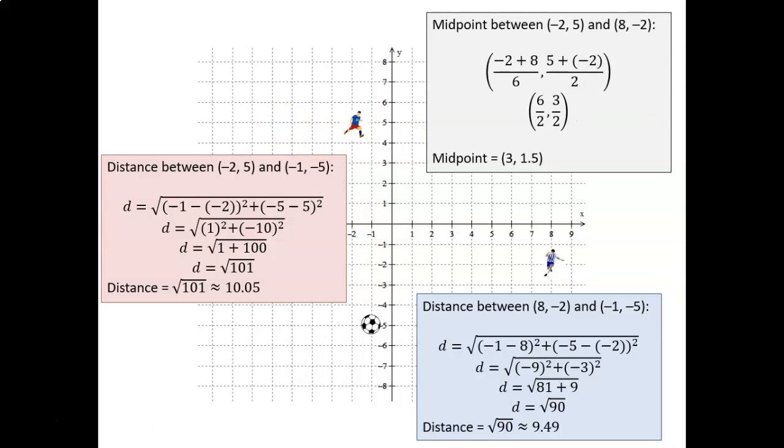So the x-coordinate of that point would be negative 2 plus 8, which is 6, divided by 2, which is 3. The y-coordinate would be 5 plus negative 2, which is 3, divided by 2, which is 1.5, or 3 halves. So that puts the soccer ball at the point where x is 3 and y is halfway between 1 and 2, 1.5.